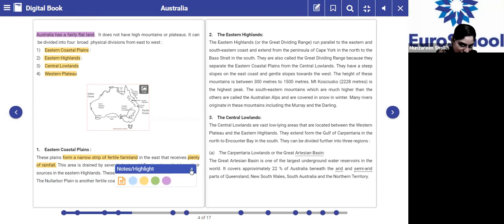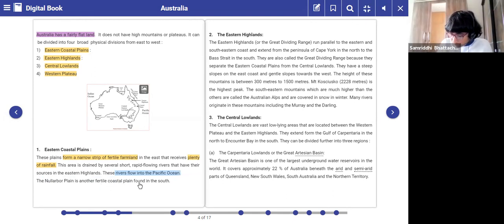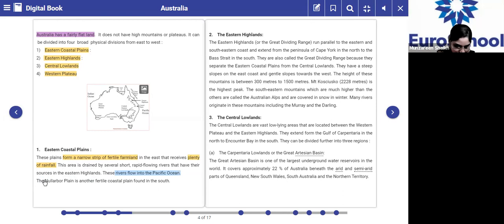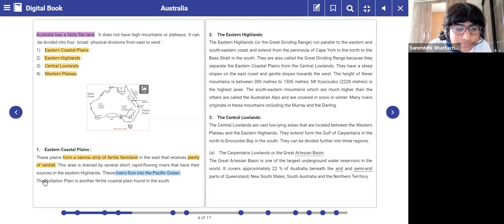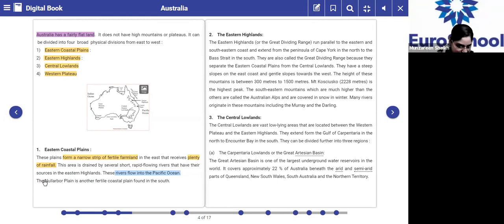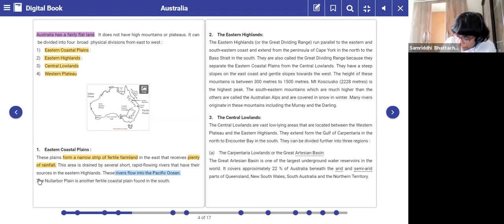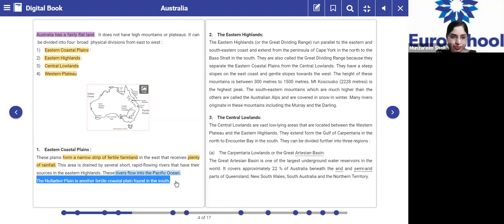Now, Nullarbor Plain is another fertile coastal plain found in the south. Okay, so one plain which is found over here is the eastern coast, and the other is, please underline, the Nullarbor Plain. It is again the one which has fertile land, and where is it found? Usually it is found in the south.